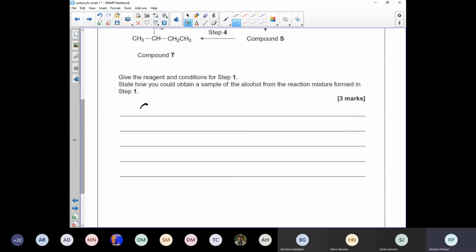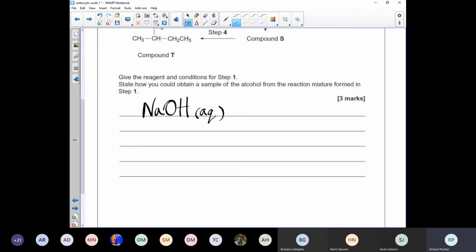So give the reagent. Just be careful about putting things like hydroxide ions, which would be quite a common answer here. Yeah, it is going to be hydroxide, but that in itself isn't a reagent. The thing that we're going to go and get from the bottle needs to be sodium hydroxide or potassium hydroxide. It definitely needs to be aqueous, so we don't want anything that's too concentrated.